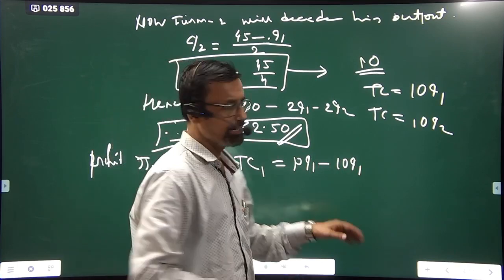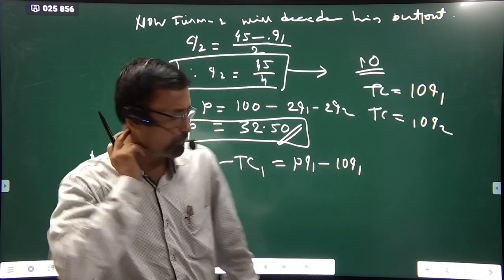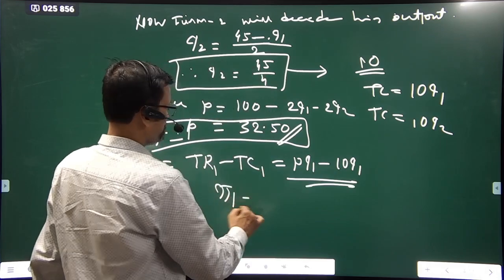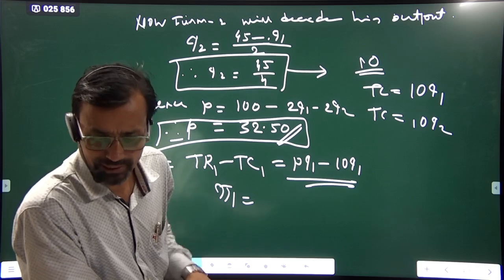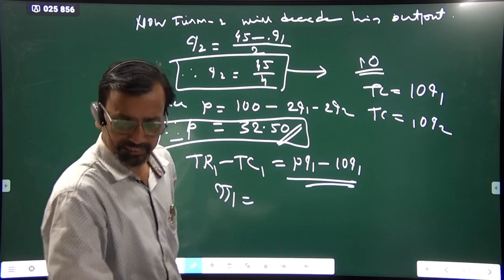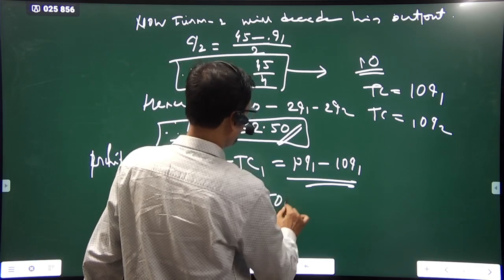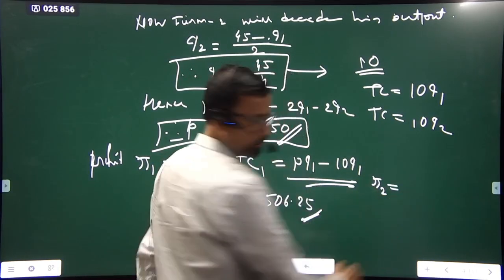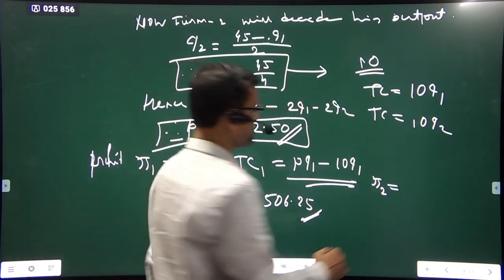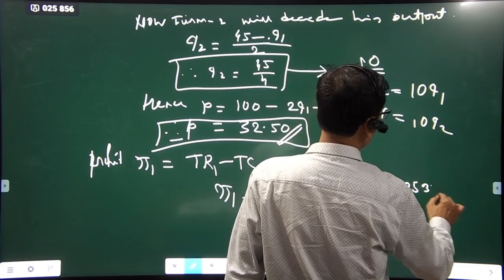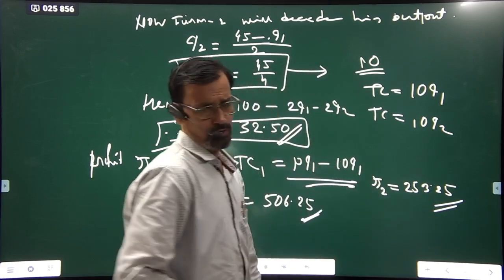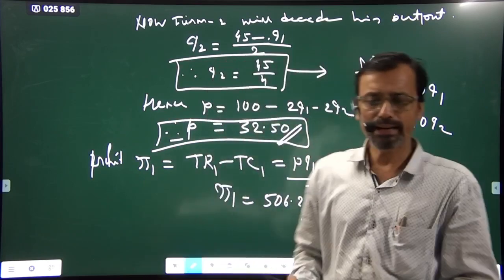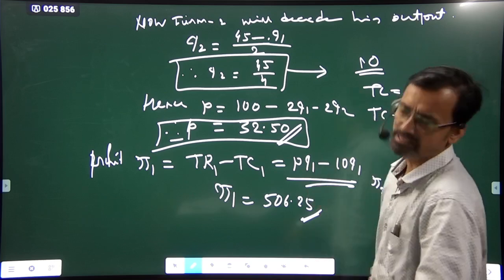After calculating, the profit in market 1 is 506.25, and the profit in market 2 is 253.25. This is how we can calculate by applying simple differentiation as well as integration principles.